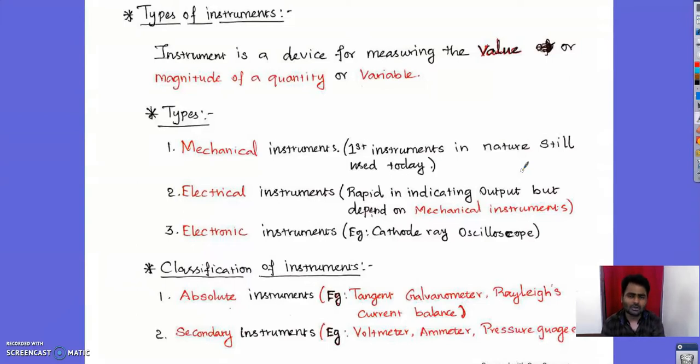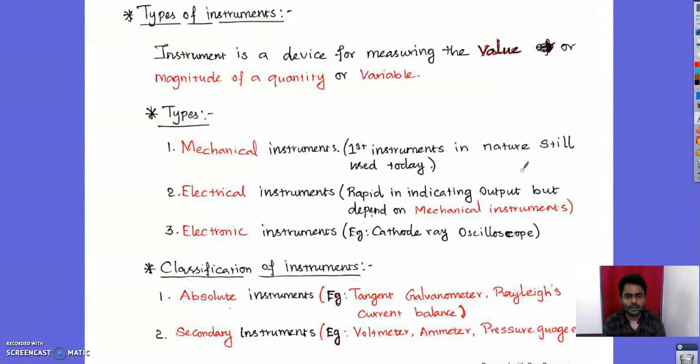Coming to the classification of instruments, instruments are classified into absolute instruments and secondary instruments. So what is an absolute instrument? From the name itself we can understand that it gives the absolute value then and there, without any additional reference, and therefore it is termed an absolute instrument. The tangent galvanometer and the current balance give absolute values.